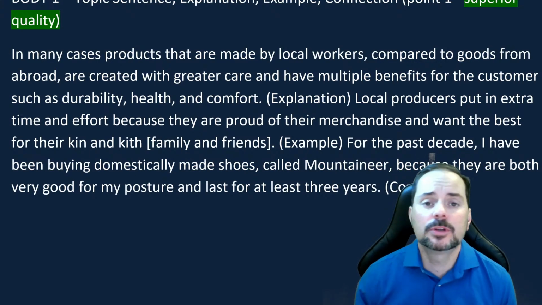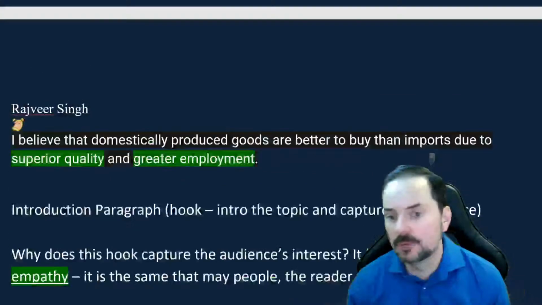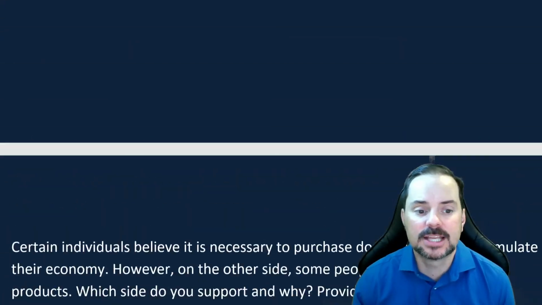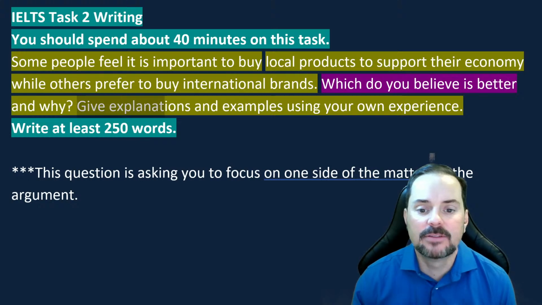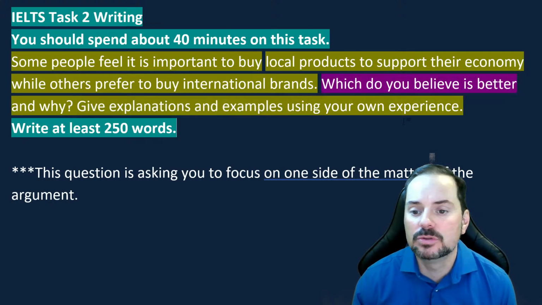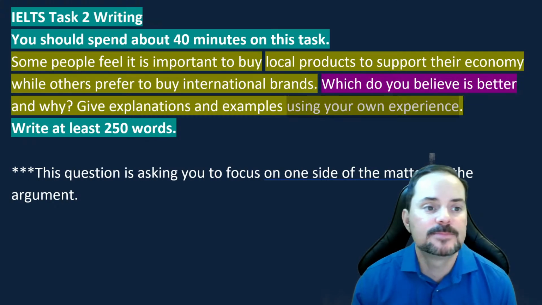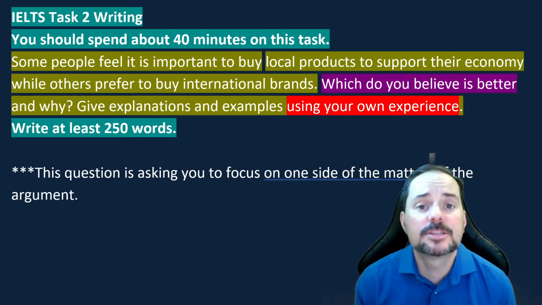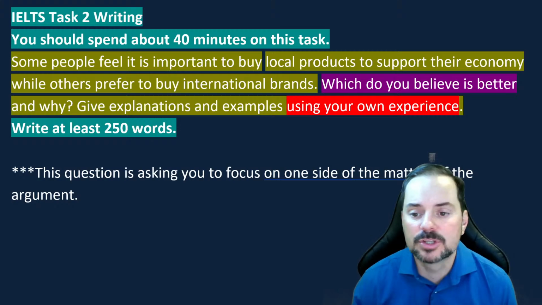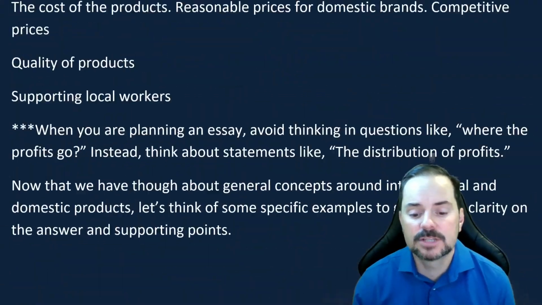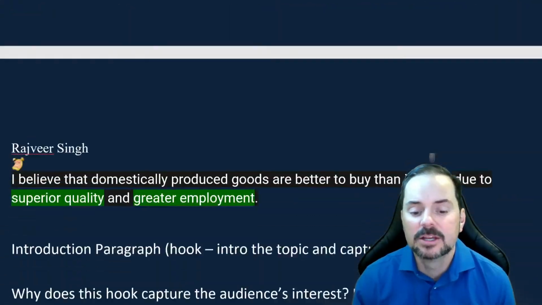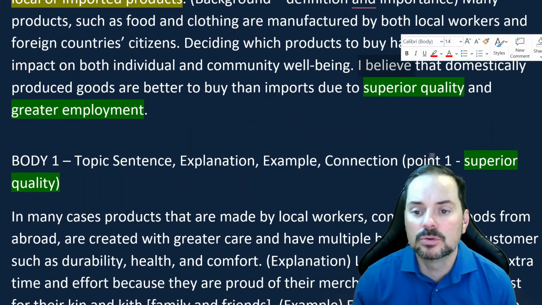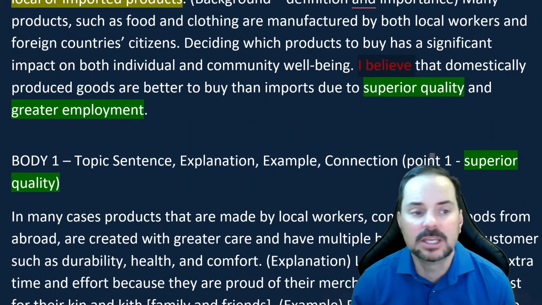Absolutely, especially when the question is asking you for it. So Mihir, this question asks you for personal examples. It says, give explanations and examples using your own experience. Okay, your own experience means personal examples. So I'm using the first person voice from the start of the essay, from the thesis statement. Here's the first place that I use that first person voice, I believe.